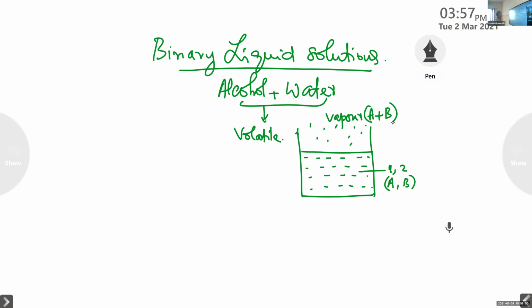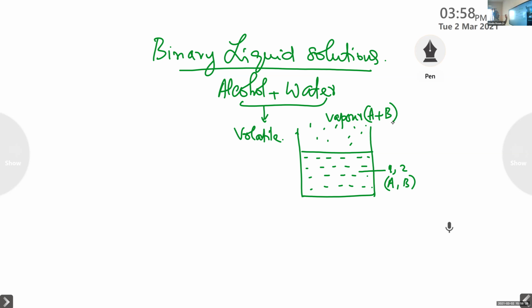The solute is a liquid, the solvent is also a liquid, just like alcohol plus water. Since these two liquids are volatile, they can be easily converted into the vapor state. In the vapor, molecules of both A and B will be there.